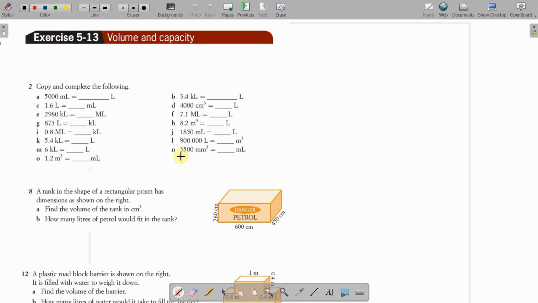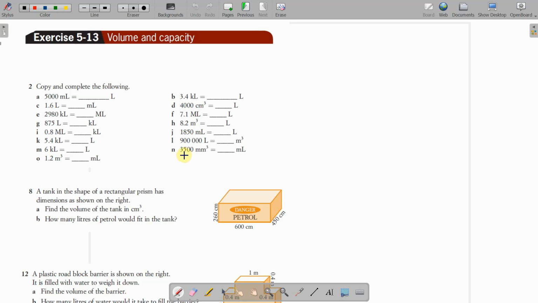Same here, cubic millimetres. You need to get to millilitres, so you have to change that to cubic centimetres first, because cubic centimetres and millilitres are connected.